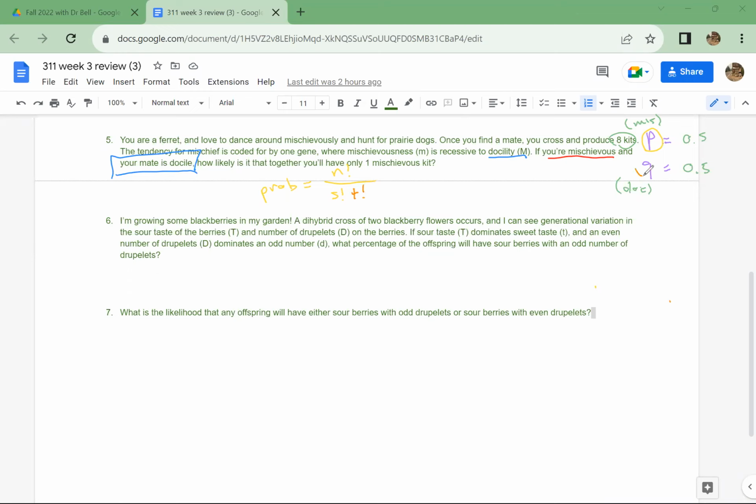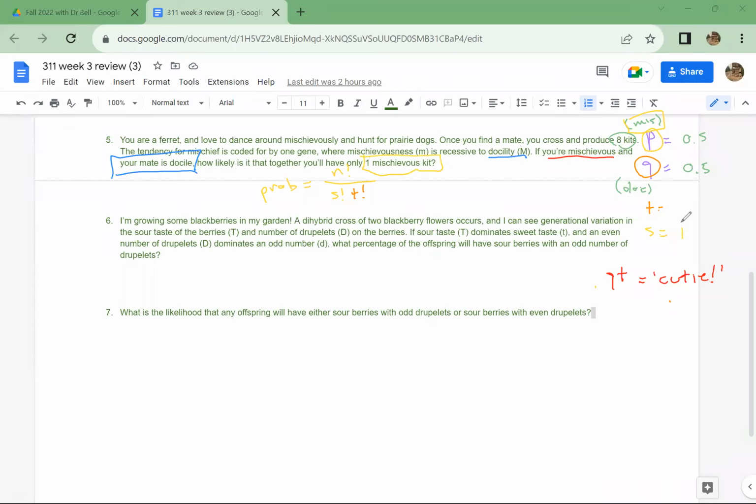And the way that I keep these numbers straight is I just remember Q goes with T, and it's like you're calling someone a cutie. Q goes with T. So we know our P, we know our Q, we actually do know our T, and we know our S. Because S is associated with P, and P is all about mischievousness, we want only one mischievous kit.